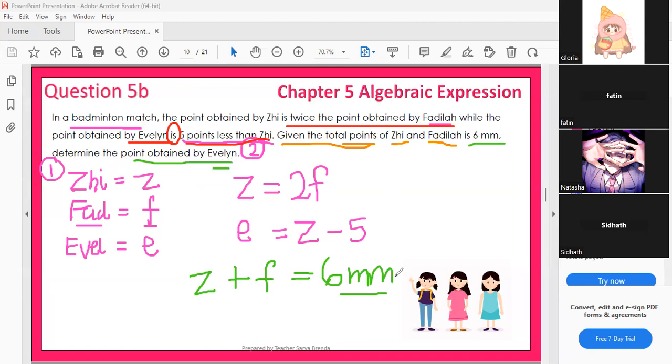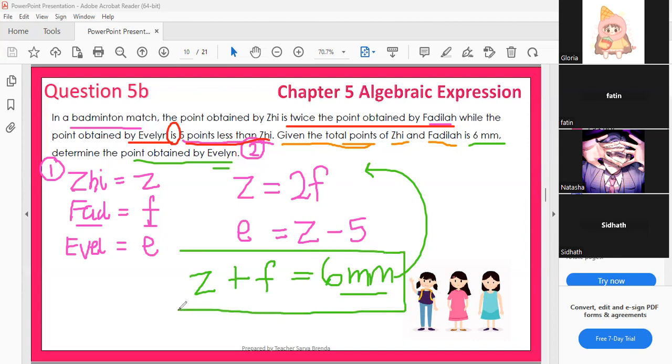So, put your 6 here. Z plus Fadila is 6. Z is equivalent to 2 times of Fadila. So, how can you come up with an answer? How much is Z? How much is Fadila? Using this. What could Z be?